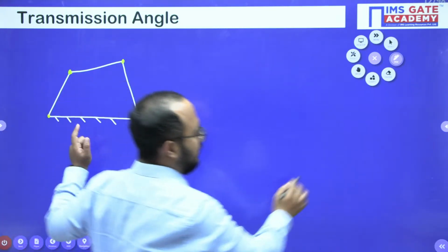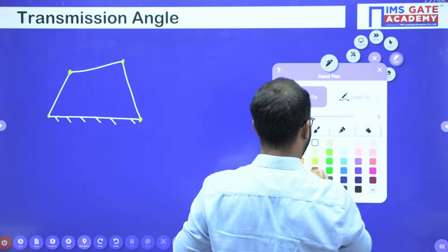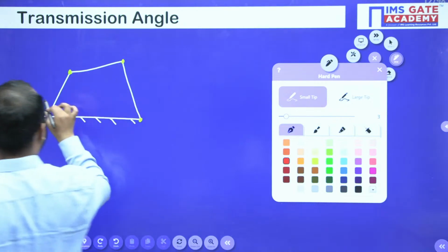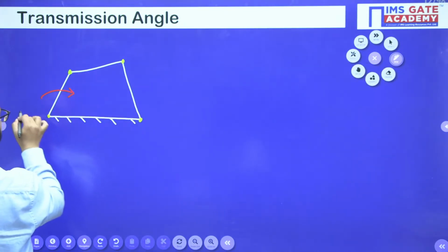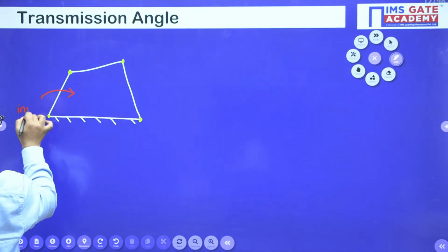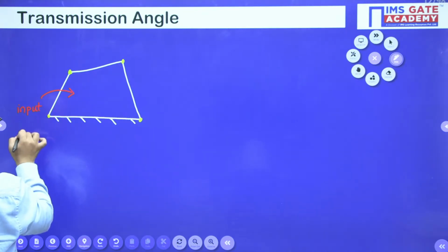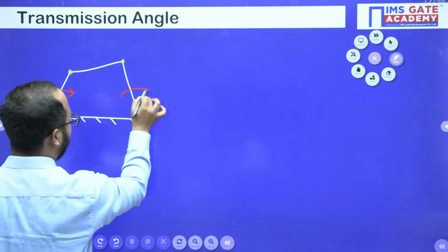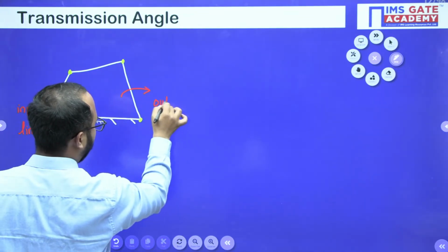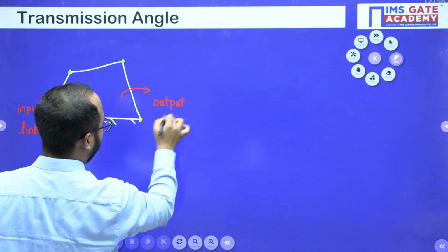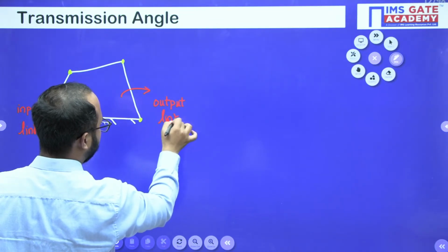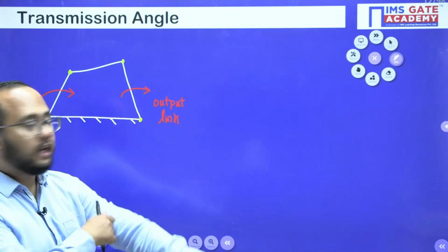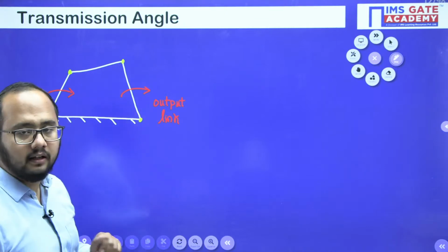Let's suppose if I show you the input link, this is my input link, and this is my output link. Clear, everyone? So input link, output link, right?